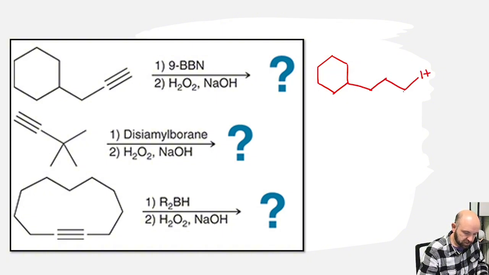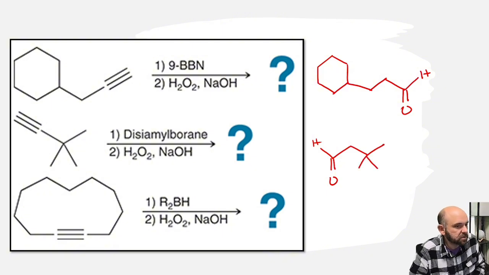With a hydrogen on the end there and double bonded oxygen on the third carbon. In that next example, we would have hydrogen on the end with a double bonded oxygen here. With the same structure there on the end.